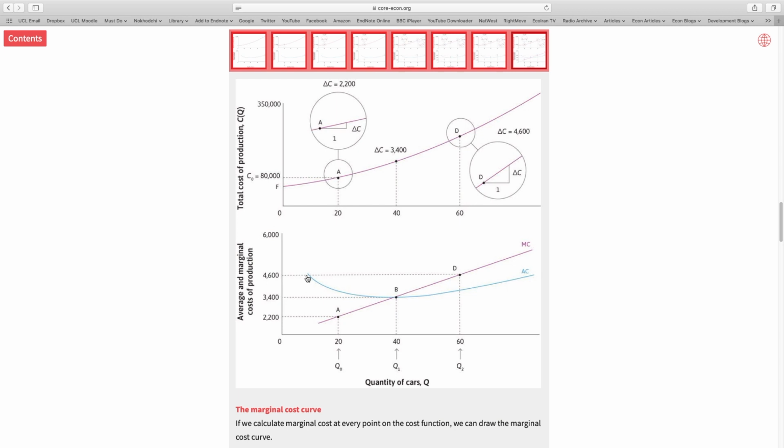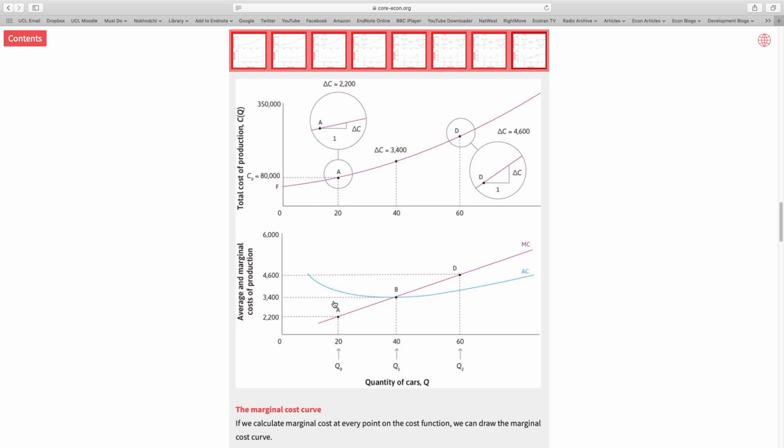Finally, let me draw your attention to one thing in the graph here. Here, the marginal cost curve intersects the average cost curve at a point where average cost is at its minimum. And this has to be true by definition. Why? Because remember, this is the average, and this is what we are adding to the average. Let me focus on an example. The average cost of 20 cars is $4,000.